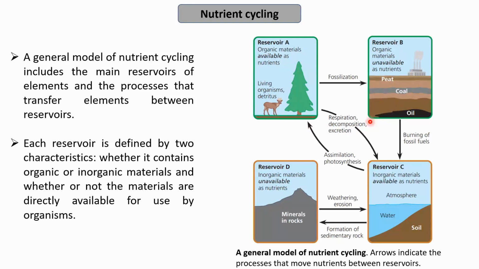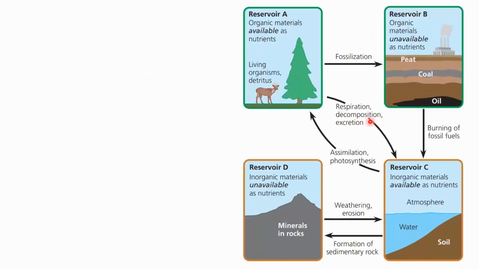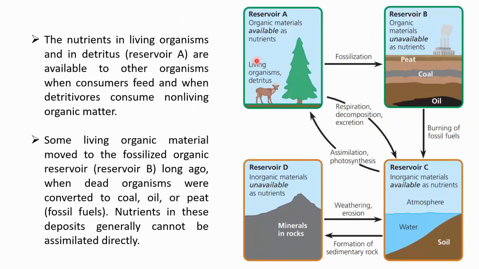So each reservoir is defined by these characteristics. The nutrients in living organisms and in detritus, for example reservoir A, are available to other organisms when consumers feed and when detritivores consume non-living organic matter. Some living organic material moved to the fossilized organic reservoir B long ago by the process of fossilization, and was converted into peat, coal, or oil.